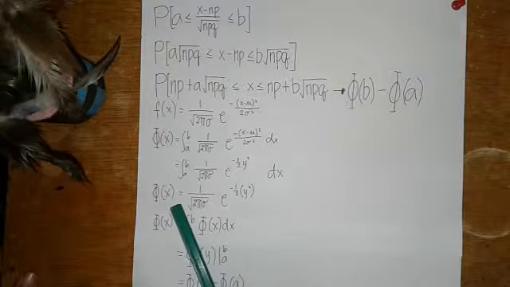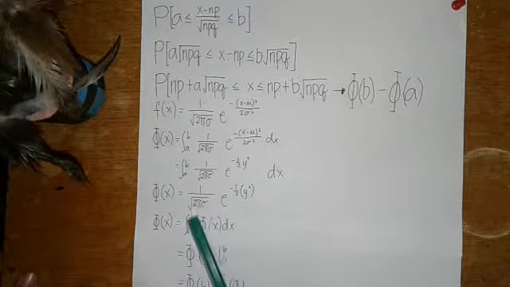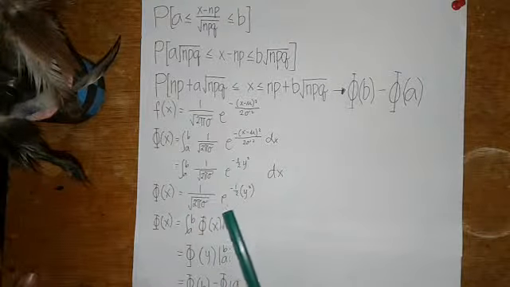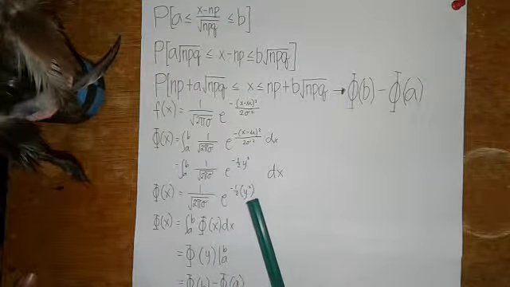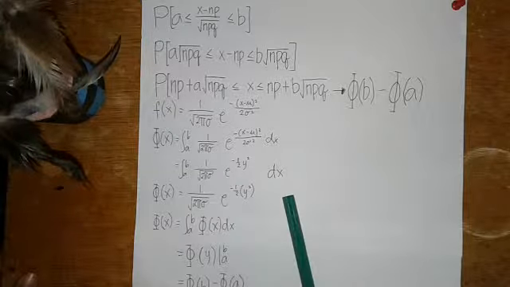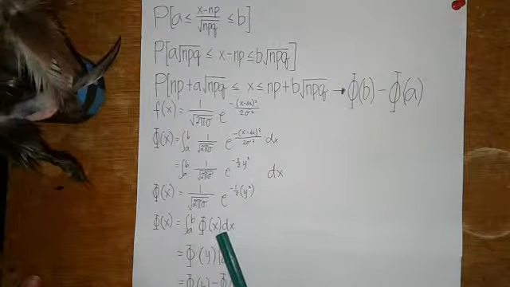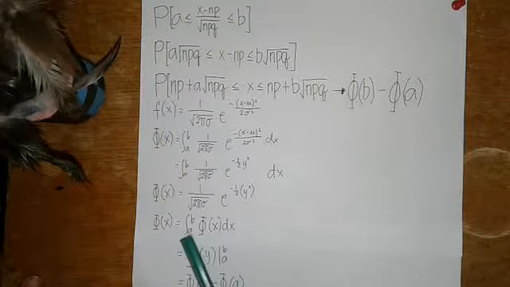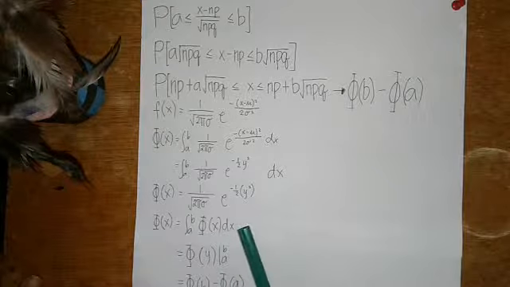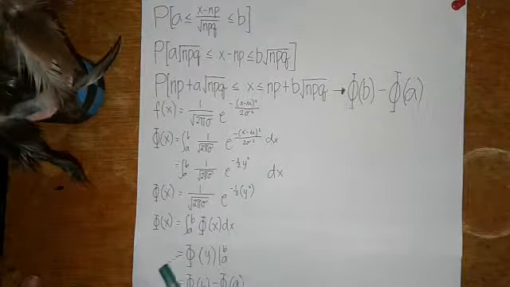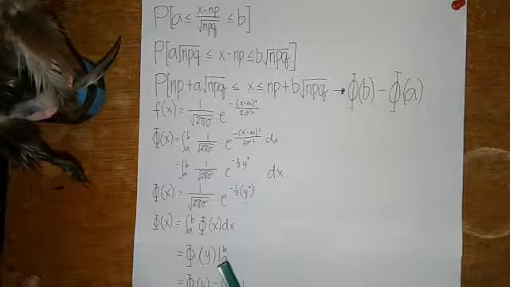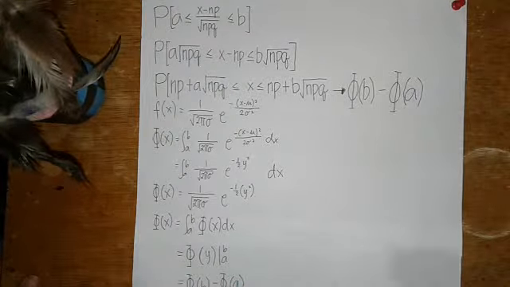Then we have phi of x is equal to 1 over square root of 2 pi sigma times e to the power of negative 1/2 times y squared. We have the integral of phi of x evaluated from a to b dx. So we integrate it. We have phi of y integrated from a to b equals phi of b minus phi of a. So this is our final answer.